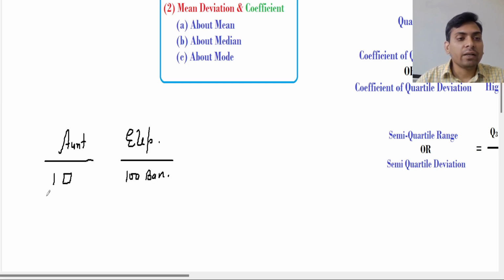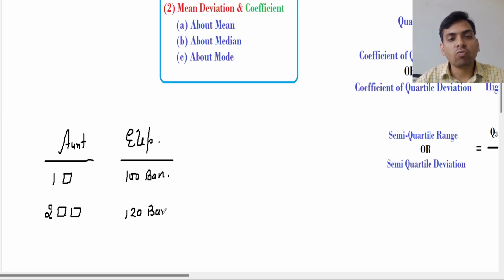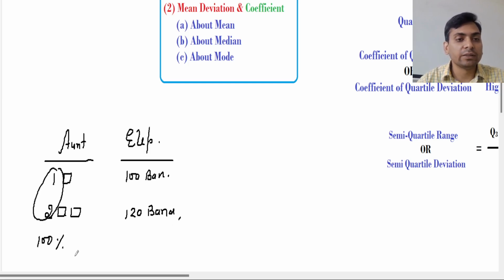One day the ant's diet is now 2 particles of sugar and for the elephant this is 120 bananas. So there is an increment of 100% in the diet of the ant, and in the diet of the elephant there is a 20% increment.